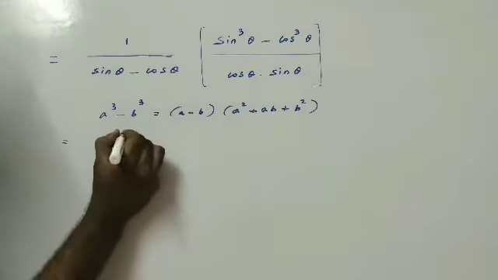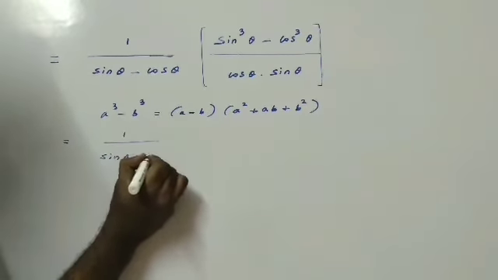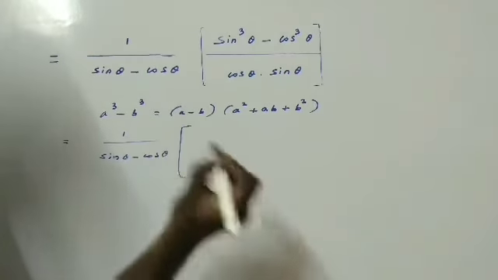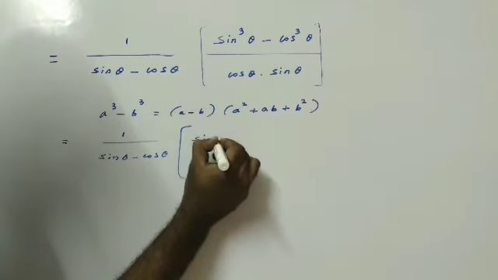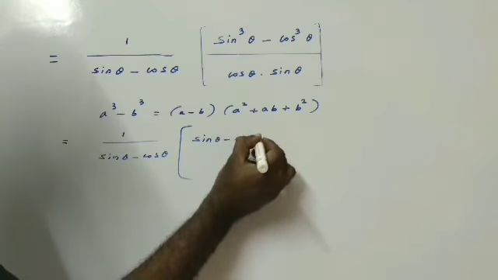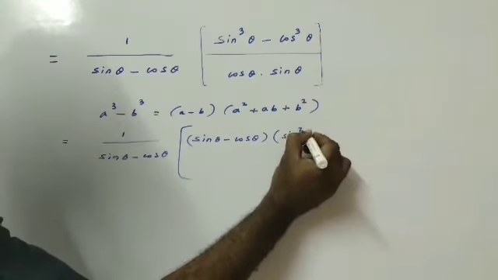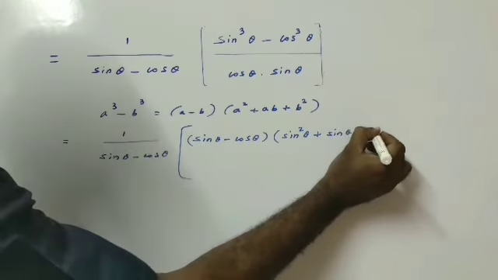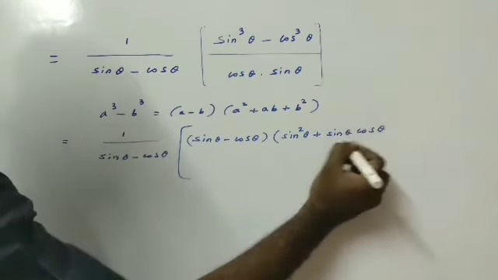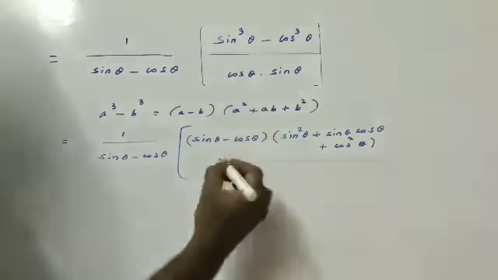So 1 by (sin theta minus cos theta), a cube minus b cube, that is (a minus b), sin theta minus cos theta, into a square, that is sin square theta, plus ab, sin theta into cos theta, plus b square, that is cos square theta, whole divided by cos theta into sin theta.